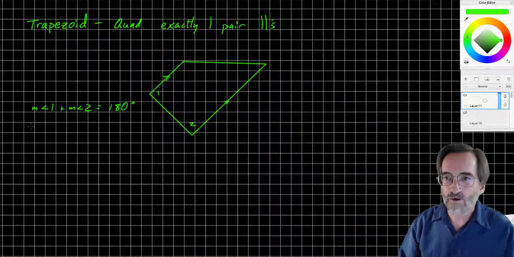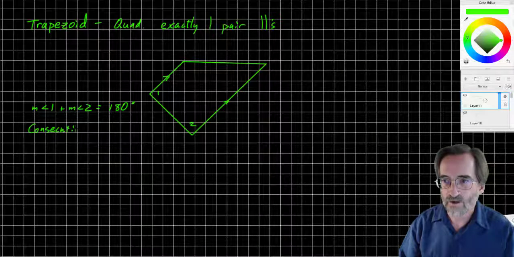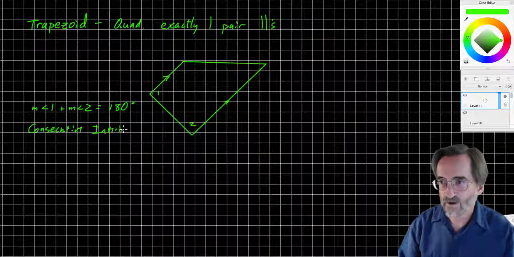Okay? We call these consecutive interior angles. And the word is they are supplementary.